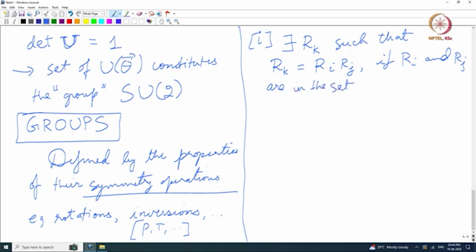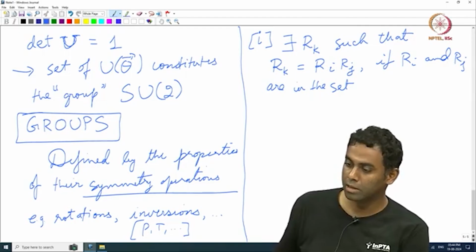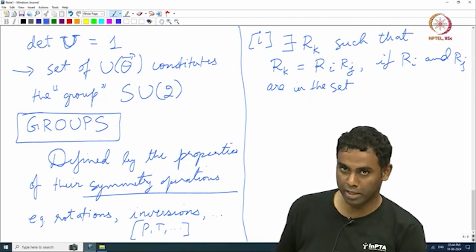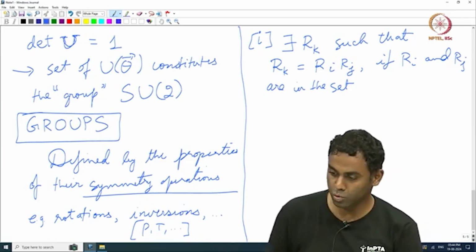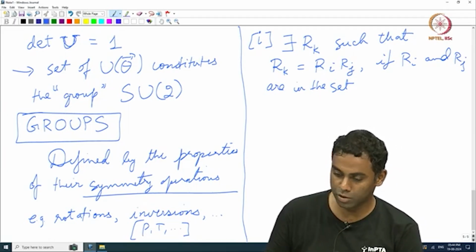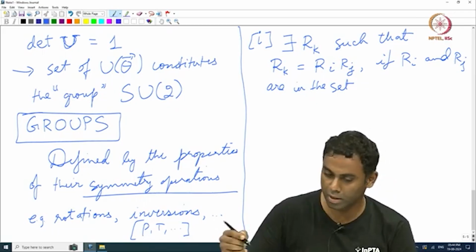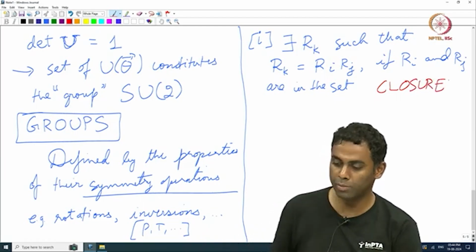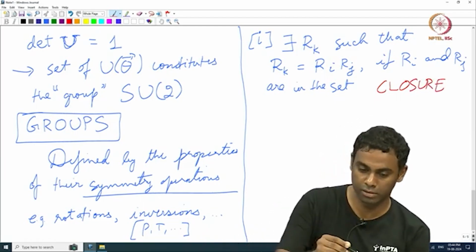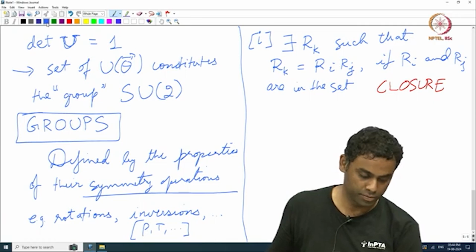If Ri and Rj are in the set, and if there exists another element Rk such that I can write Rk as a product of Ri and Rj, right, this is one of the properties that I have. What is this property called? It is called closure. All elements need to be written this way, right. Good.